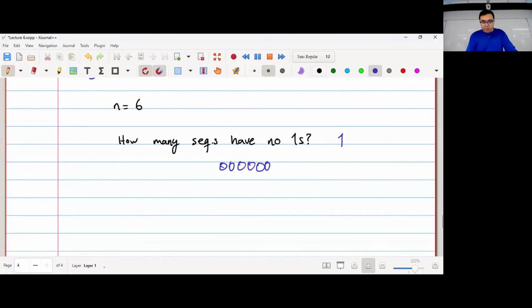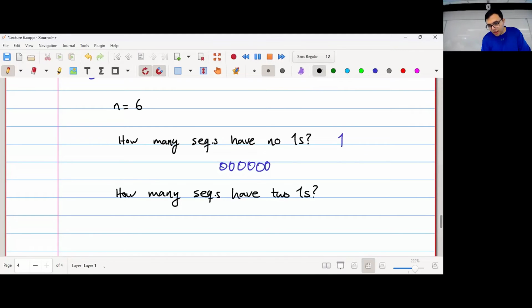Then I can ask how many sequences have exactly 2 ones. So if I have 2 ones, I should have 4 zeros, right? So the number of sequences that have 2 ones and 4 zeros is just the number of permutations of 4 zeros and 2 ones, right? So just consider this as a word.